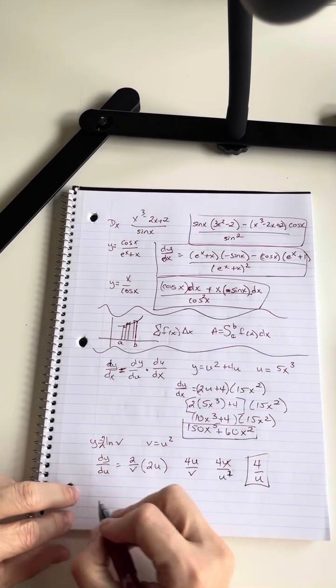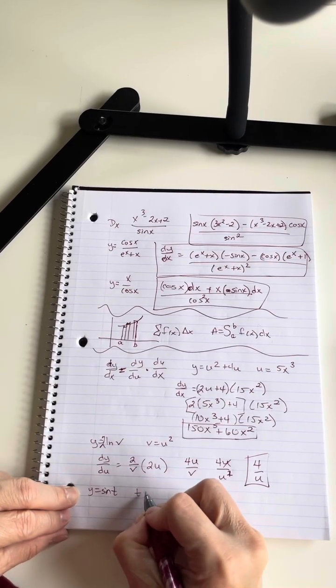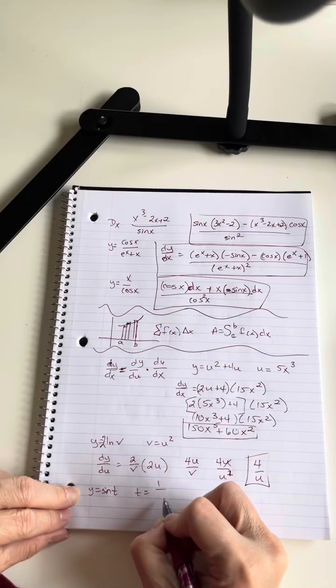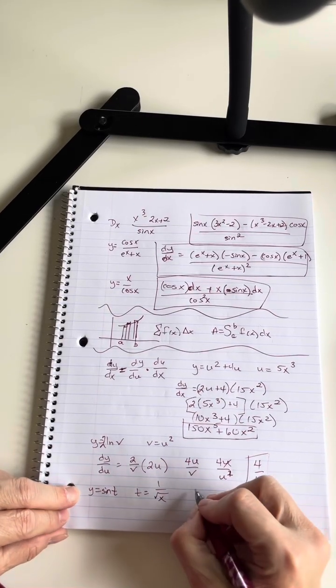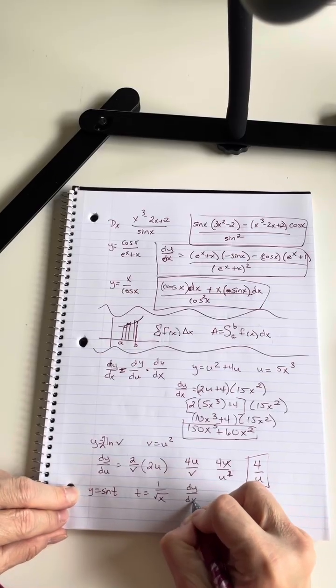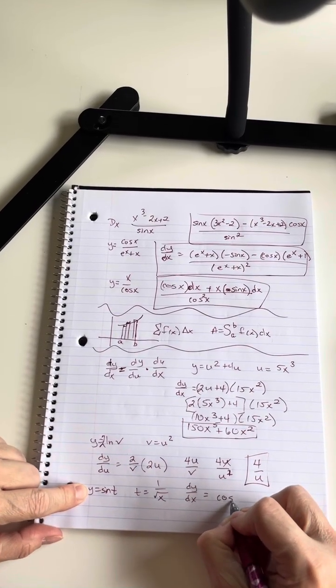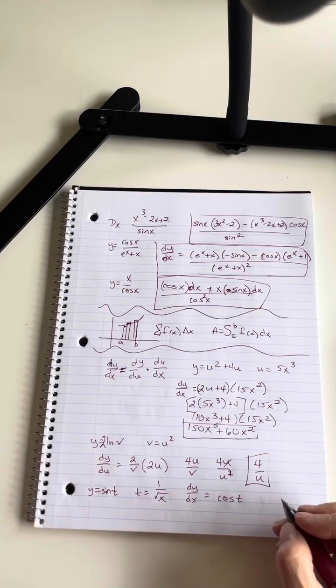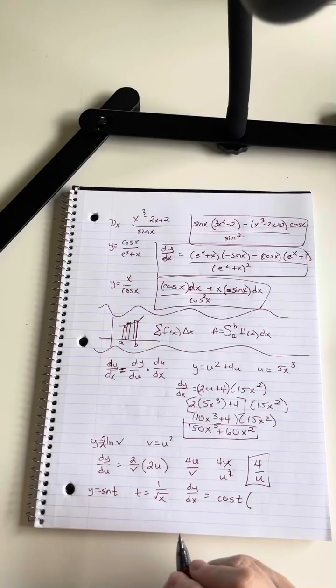Example 3, if y equals the sine of t and t equals 1 over the square root of x, find dy dx. So we derive our sine goes to cosine, and then our t, now this one I need to fix before I derive it.